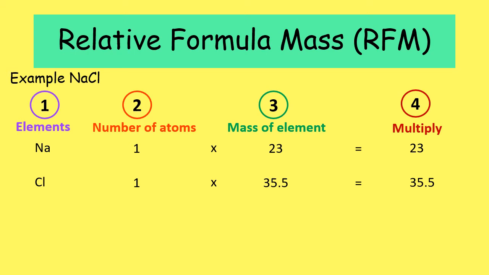For sodium, there's one atom multiplied by 23, which gives us 23. For chlorine, it's one atom multiplied by 35.5, which gives us 35.5. And our final step is to add the numbers together, and that gives us 58.5. So we work out our elements, then the number of atoms of each element, we look up the mass of each element, then we do multiplication and addition.